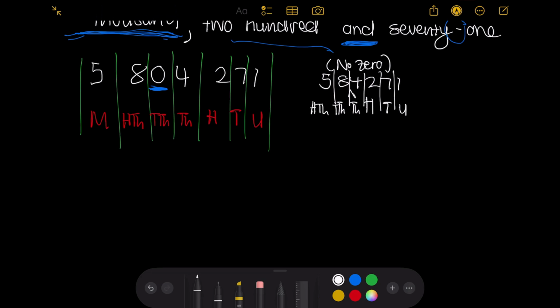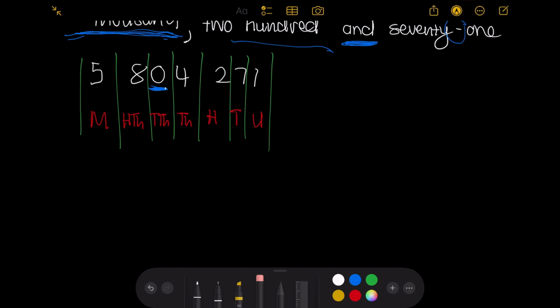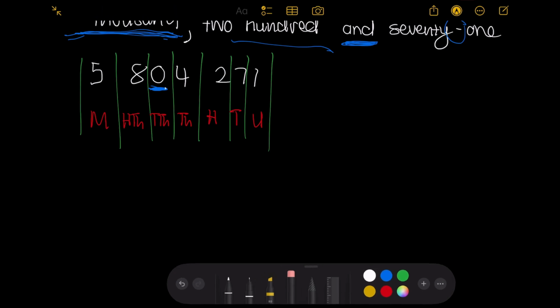Then you could have thought that this was 584,271. So that's why it's so important to place the 0 there, because if there's no 0 there, then of course you will get your place values confused. So even though you don't say the 0, the purpose of the 0 is to show you the place value of each digit so that we know whether it's part of millions, 100,000s, 10,000s correctly.